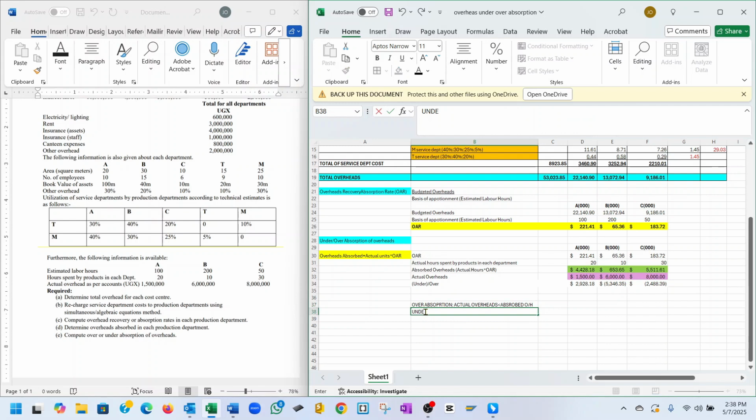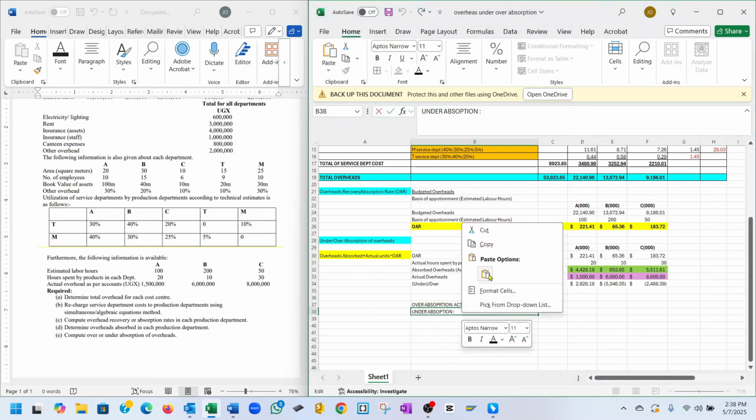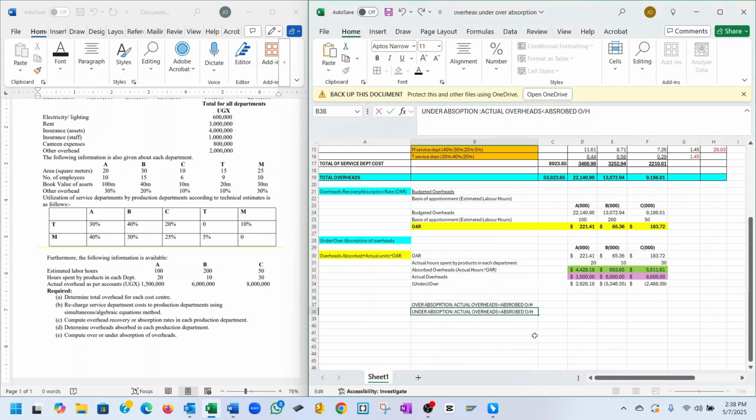Then under absorption is when the actual overheads is greater than the absorbed. I hope you get it.